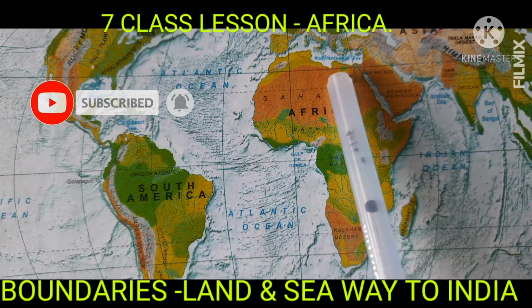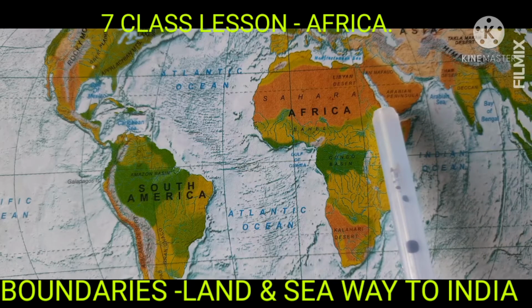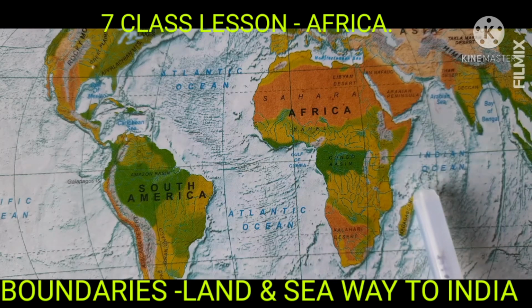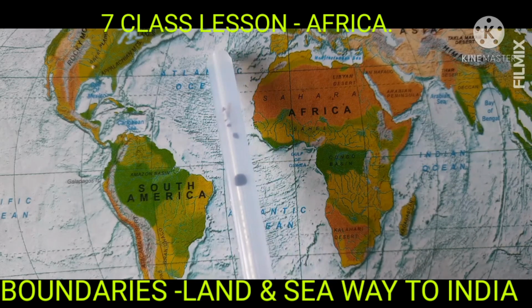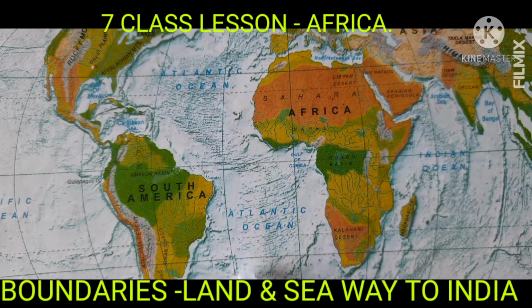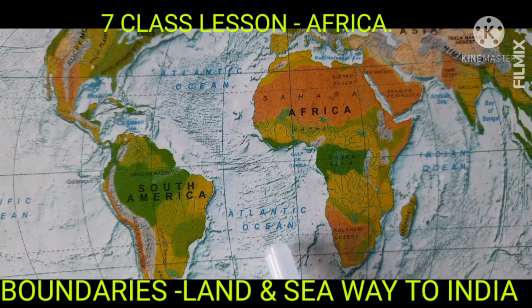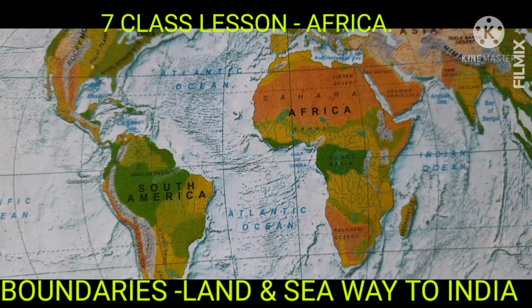To the north, it has the Mediterranean Sea, to the northeast the Red Sea, to the southeast the Indian Ocean and the Southern Ocean, and on the west, from top to bottom, the Atlantic Ocean. These are some of the important boundaries of Africa.